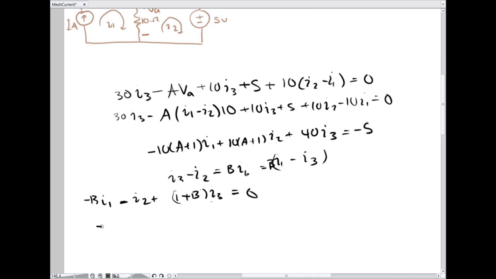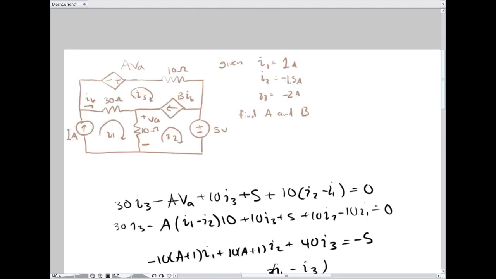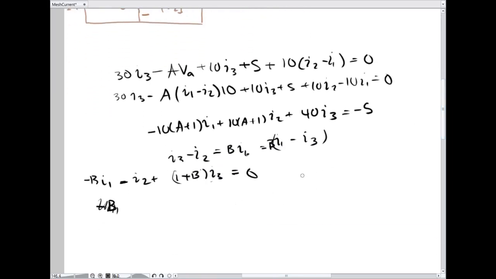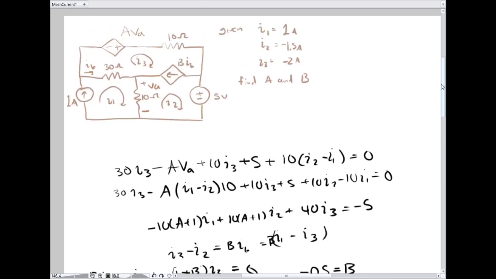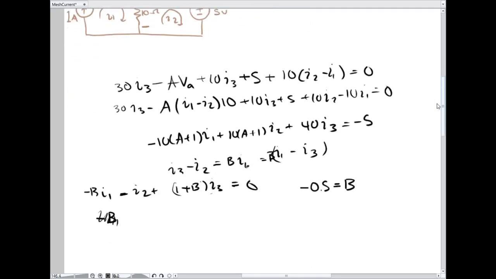So minus B, well, I won't even bother with this simplified form. I3 minus I2 is minus 1 minus plus 1.5, which is minus 1/2. So minus 0.5 is equal to B times IB, which is I1 minus I3, which is 3. So then B is equal to minus 1/6.